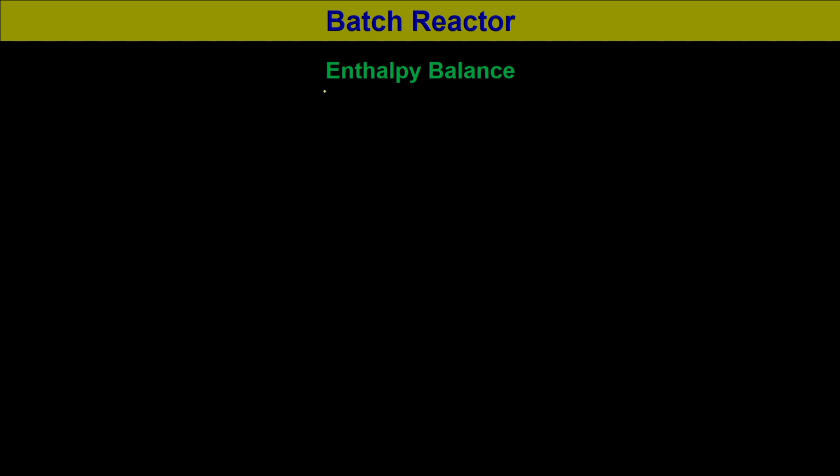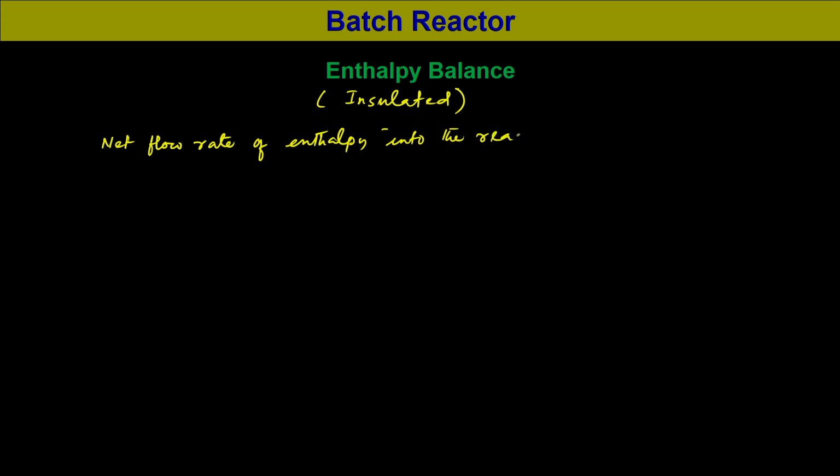So, for the insulated reactor, the net flow rate of enthalpy into the reactor would be 0 since it is well insulated.